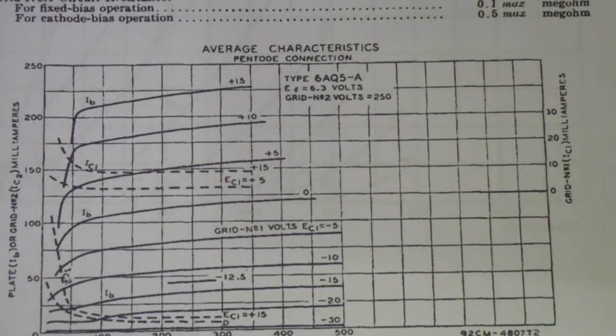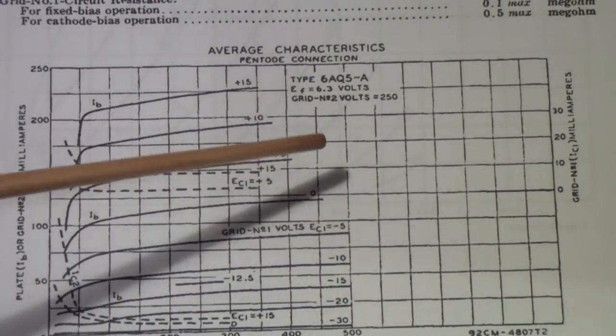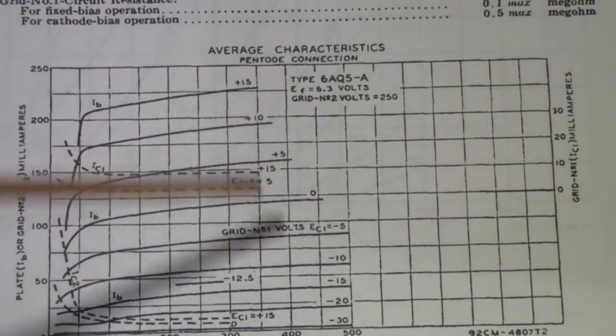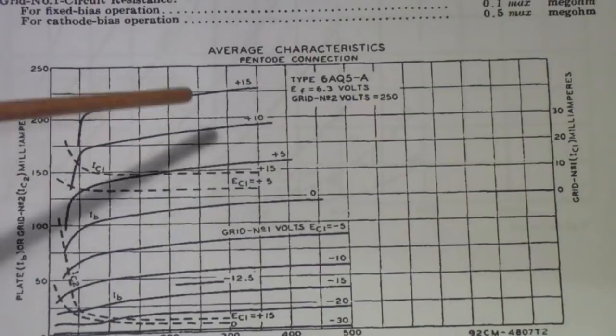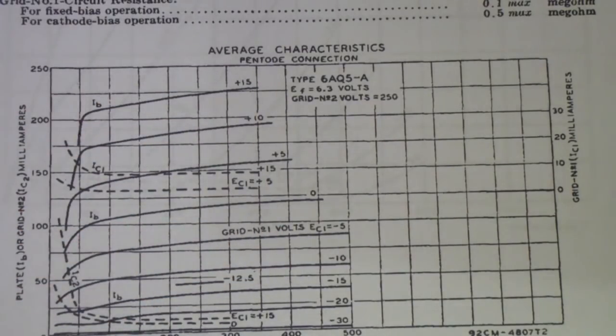And you could certainly put together a circuit that would either allow you to select the grid voltage, perhaps with a switch, or maybe even step the grid voltage using some kind of a step circuit.